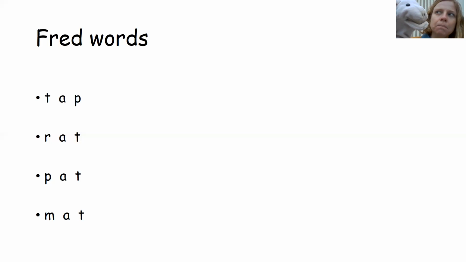Rat. P-at. Do you know what it is at home? Pat. You're right, Piggy. It's pat. Well done. And if you look down there, the last word, it also ends in an at.